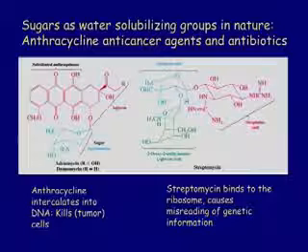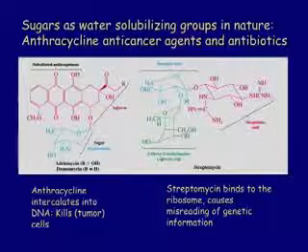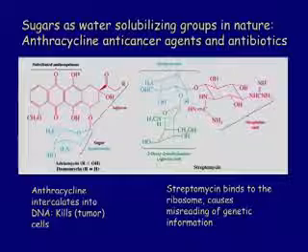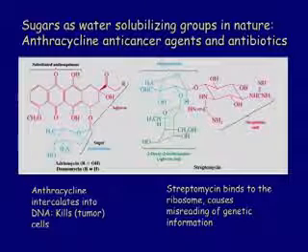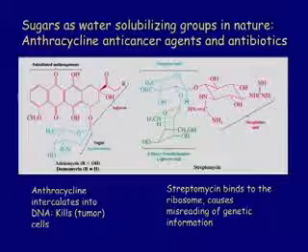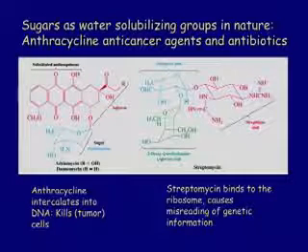Nothing happens. But every now and then, one of these mutations can lead to an event where the cell machinery starts going berserk. Anyway, this is insoluble, and so in order to get it soluble in water, nature attaches the sugar. Okay, so this is basically just an auxiliary substituent.